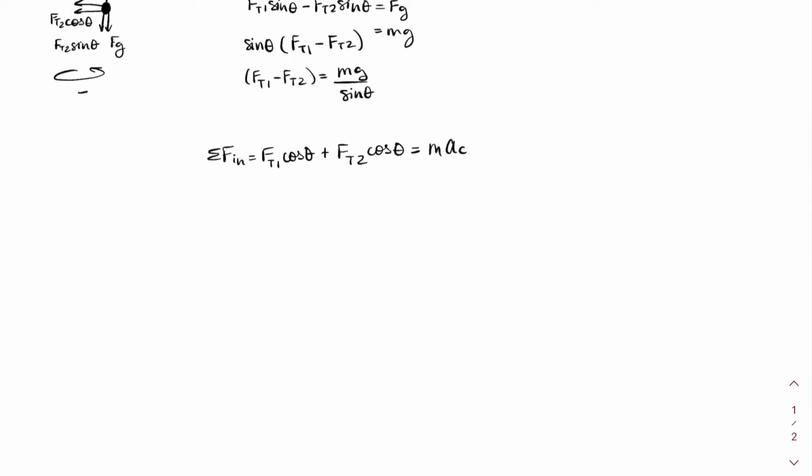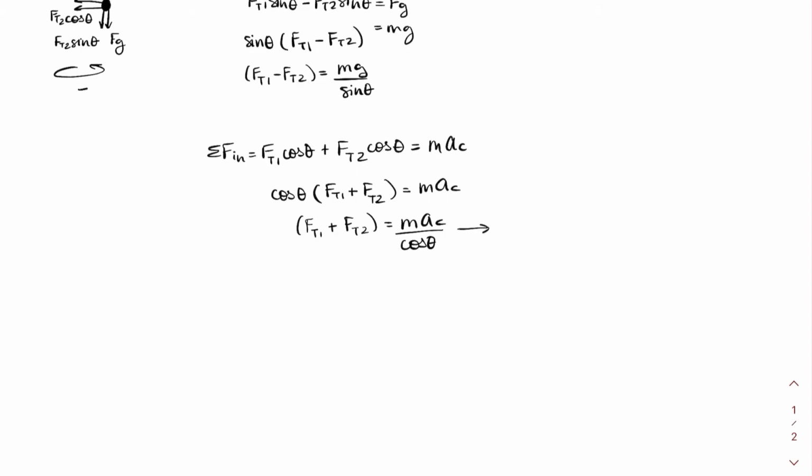Once again, we can factor out a cosine theta from both of these, leaving us with force of tension 1 plus force of tension 2 equal mass times centripetal acceleration. And we can isolate force of tension 1 plus force of tension 2 equal mass times centripetal acceleration, all divided by the cosine of theta.